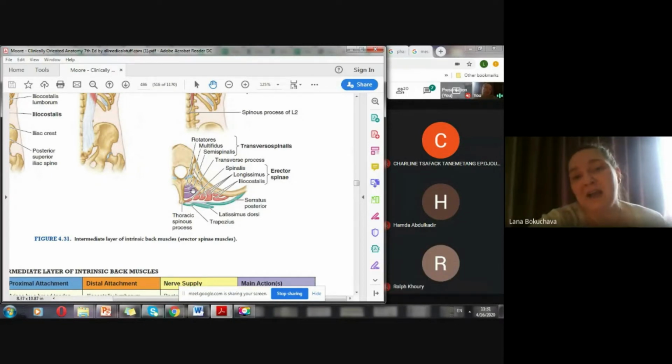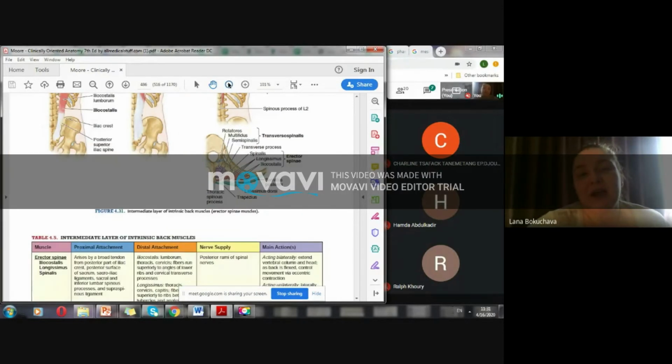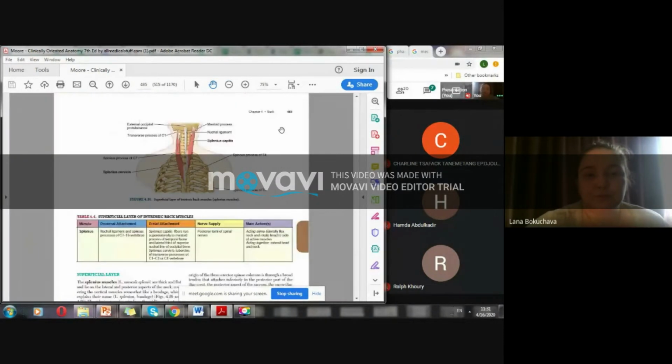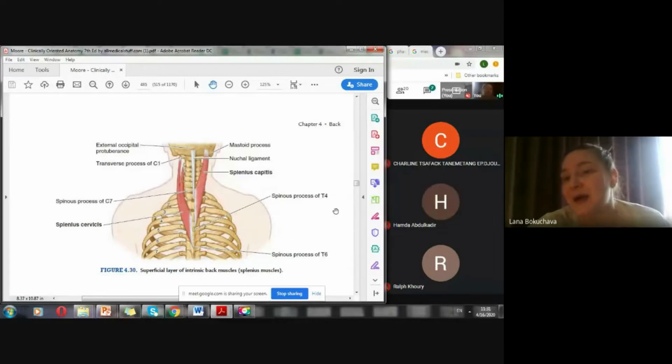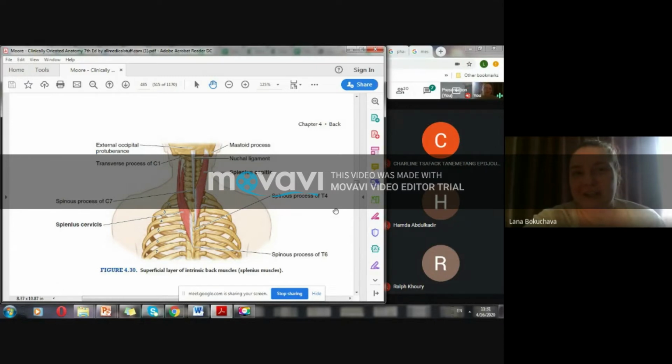So as a result, let's go through every and each of these layers. What muscles do we have here, and how do they perform the movement? And what is interesting for us here, that in the case of the first layer, what we have, this particularly the splenius muscle, as you can see. So the splenius muscle is representing the superficial layer of intrinsic back muscles. You see? Yeah, it's a little bit a long sentence, but I do believe it's very clear, yeah?